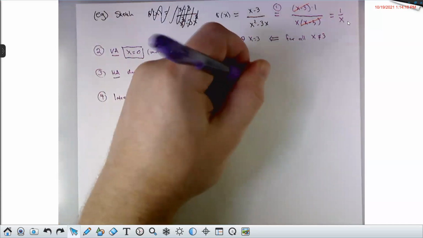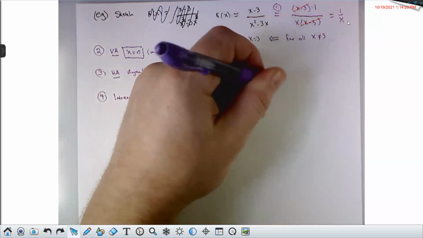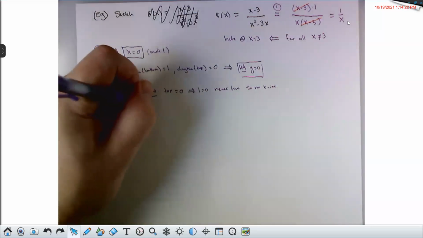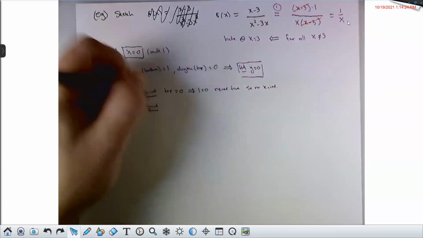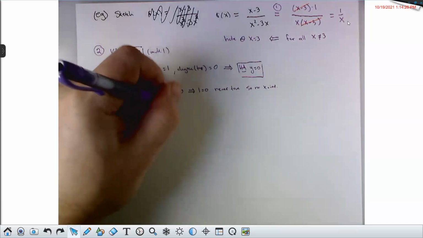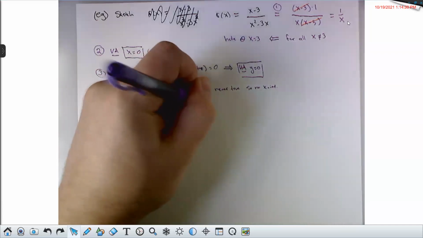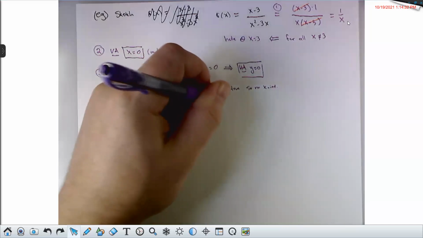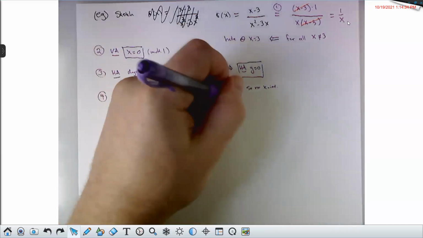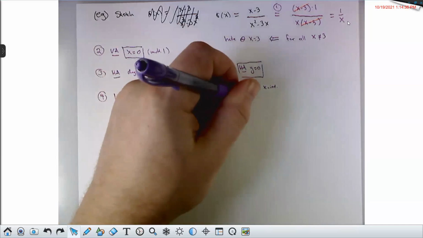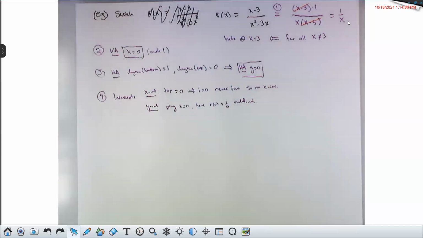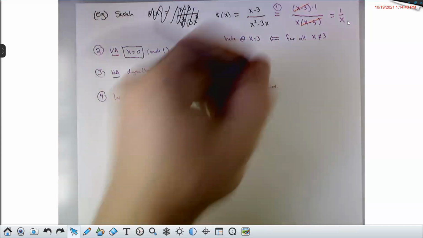So there are no x-intercepts. Y-intercepts come from plugging in x equals 0. But here, r of 0 would be 1 over 0, which is undefined. We already know x equals 0 is a vertical asymptote. So there's no y-intercept.